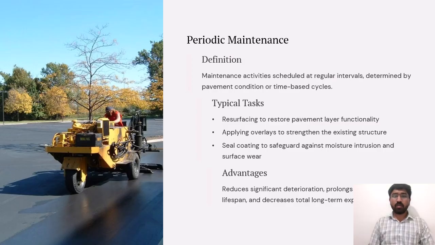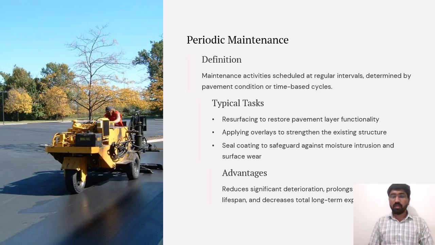Periodic maintenance refers to maintenance activities scheduled at regular intervals determined by pavement conditions or time-based cycles. Typical tasks include resurfacing to restore pavement layer functionality, applying overlays to strengthen existing structures, and seal coating to safeguard against moisture intrusion and surface wear.